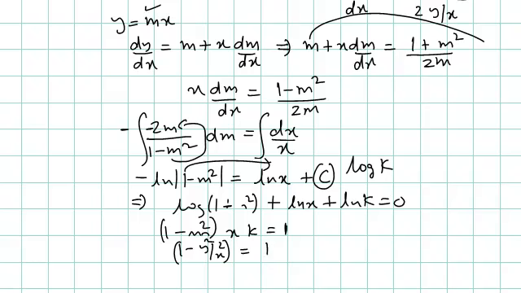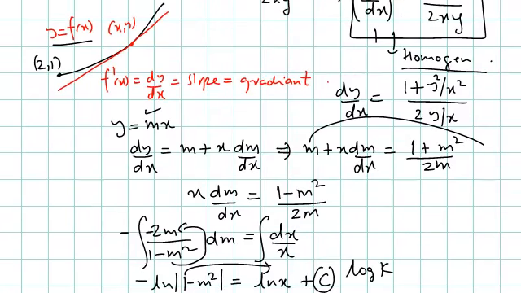Equals k by x. Right, we take the LCM to get x square minus y square equal to kx, and the answer, you can see, is something which is a conic section, right? That's why this question is there in conic section, but there's nothing related to conic section in the question.